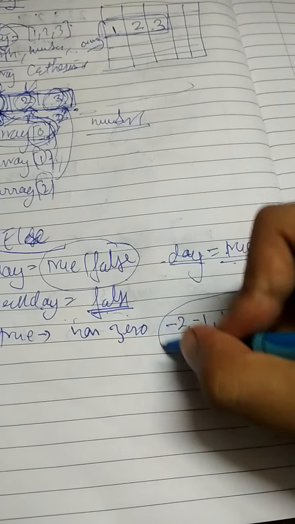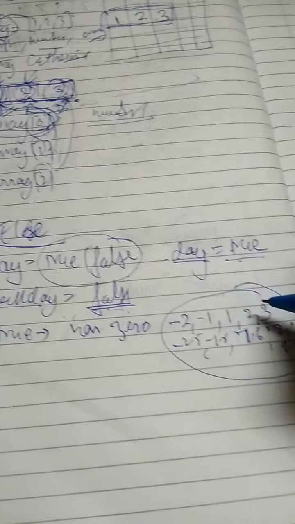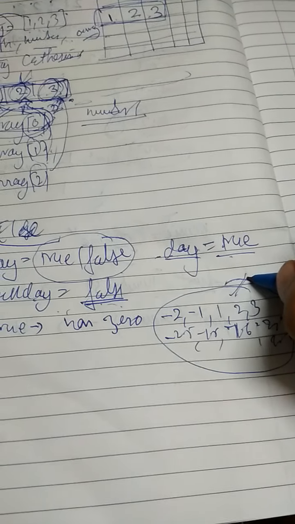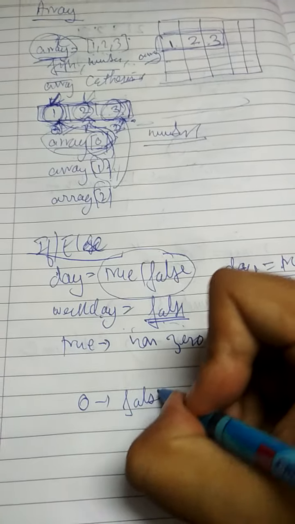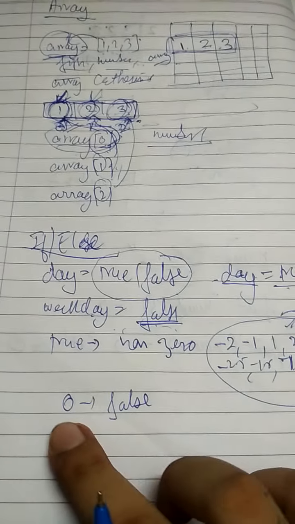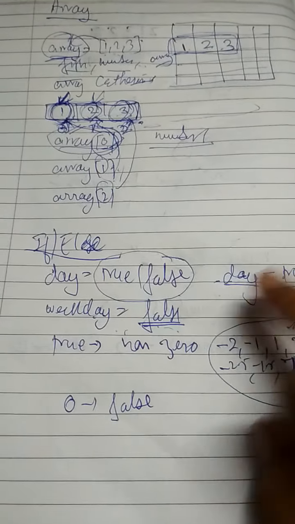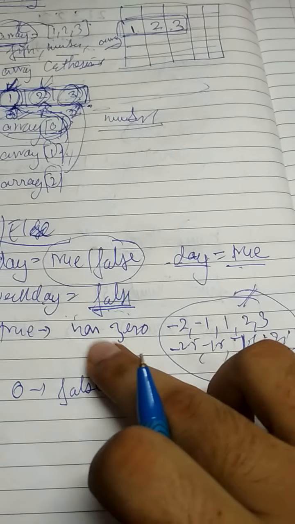All these are non-zero values. So a non-zero value means true. A value of 0 means false. So if we are writing 0, we mean false. If we are writing a non-zero value like this, then we mean true.